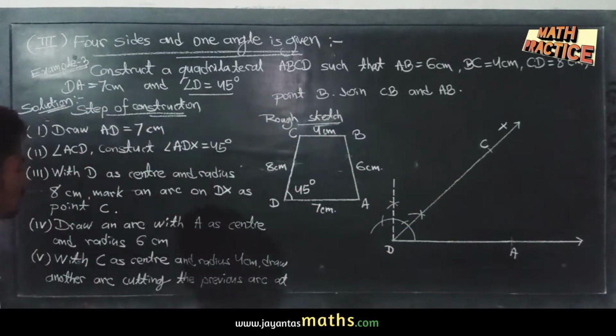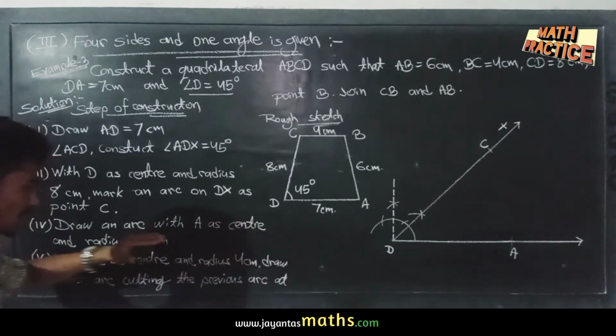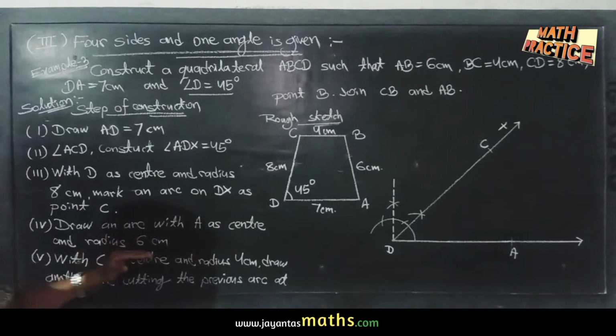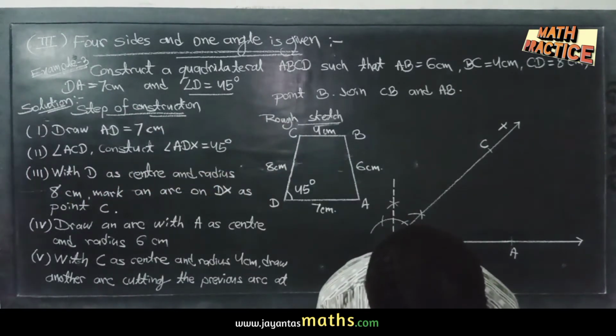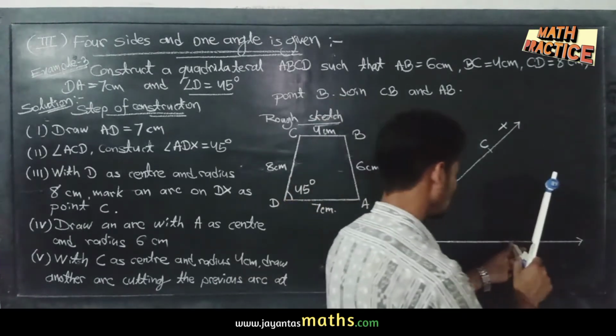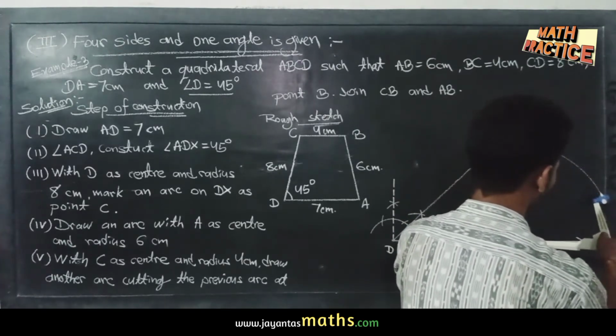Now draw an arc with A as center and radius 6 centimeters. First measure the radius of 6 centimeters. This one is 6 centimeters. I draw an arc here.